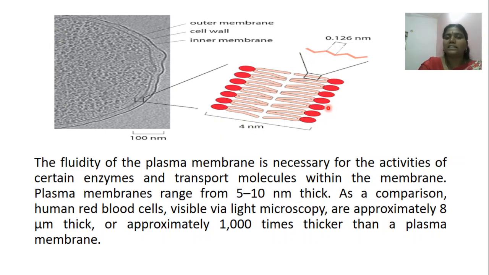The plasma membrane ranges from 5 to 10 nanometers in thickness. In comparison, human red blood cells, visible via light microscopy, are approximately 8 micrometers thick, or approximately 1000 times thicker than the plasma membrane. This is the structure where the photograph shows the outer membrane, cell wall, and the inner membrane. When the inner membrane is enlarged, again it is a double bilayer with a dimension.